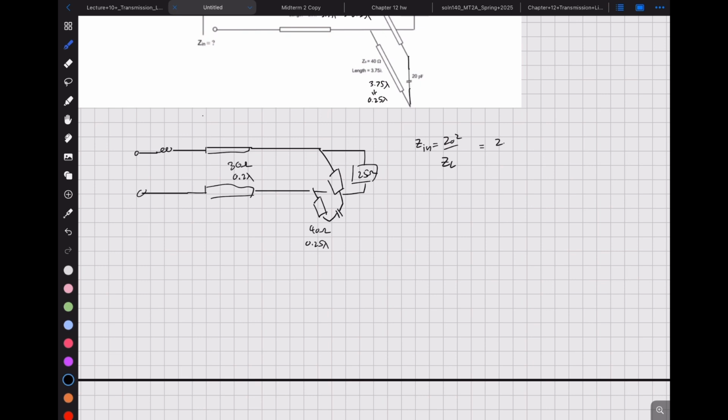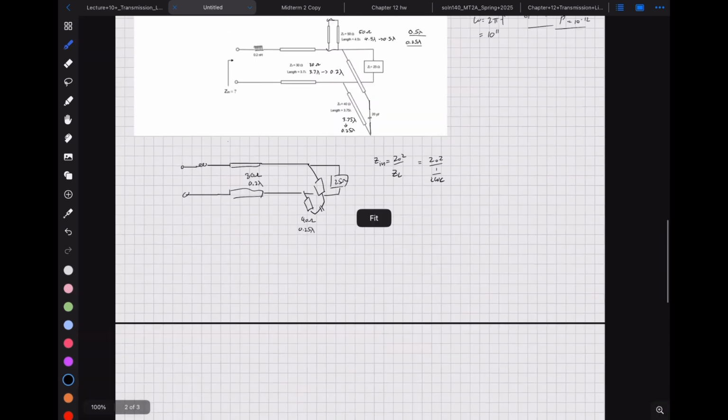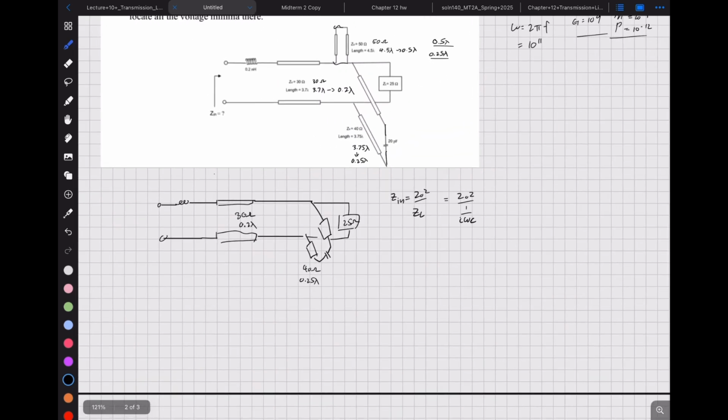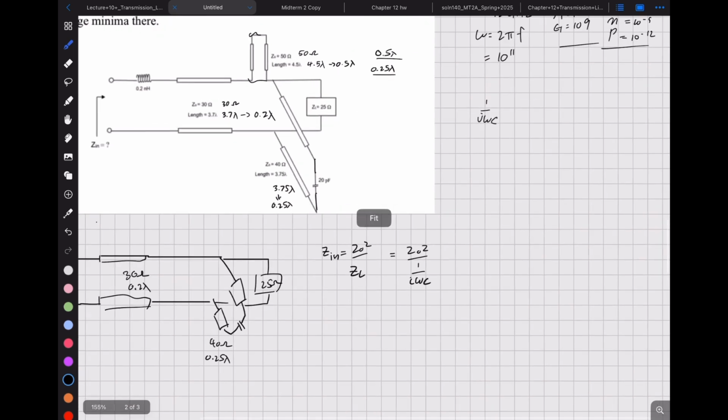That's going to change into Z naught squared over 1 over j omega C for the capacitor, because the impedance of a capacitor is 1 over j omega C. And that's where omega comes in.